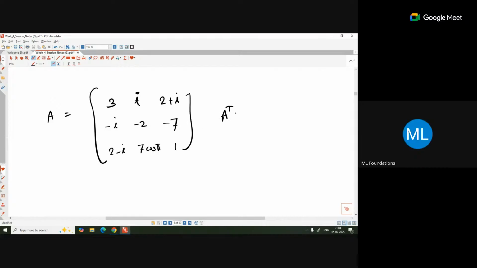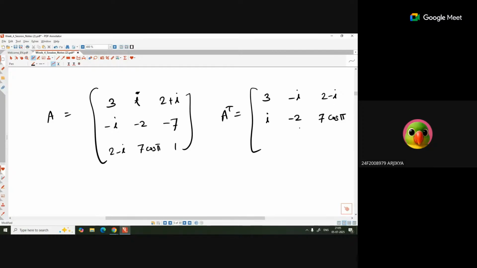So its A transpose will be 3, minus I, and so on. Before proceeding, just solve this 7 cos pi so that it simplifies. It's some constant. 7 cos pi is minus 7, since cos of 180 is minus 1.